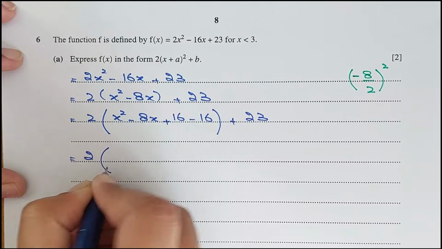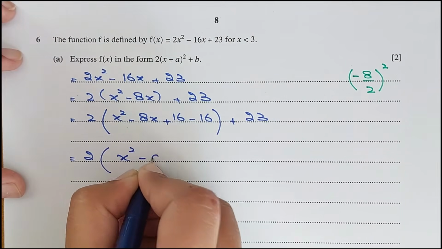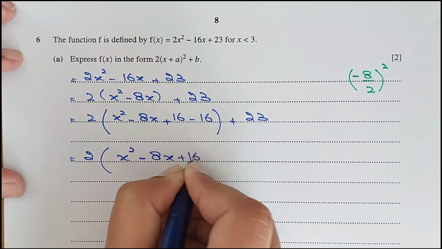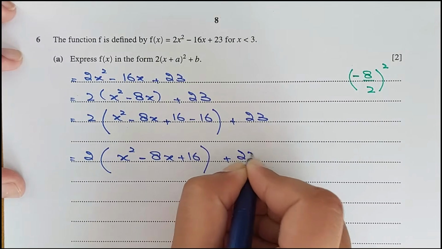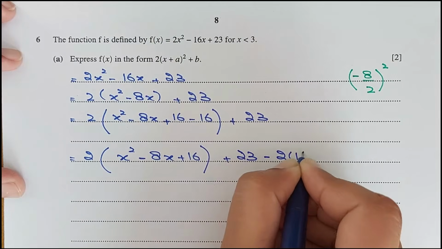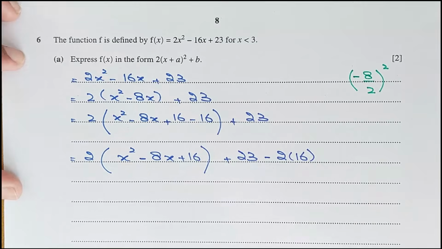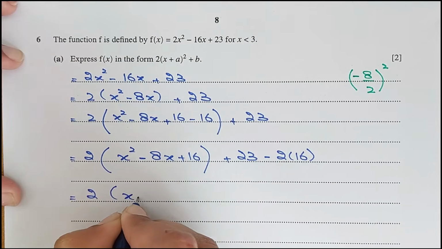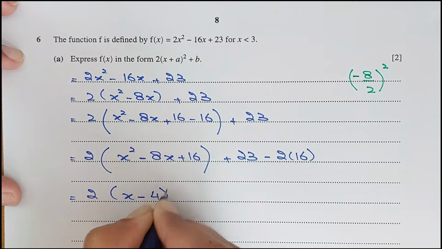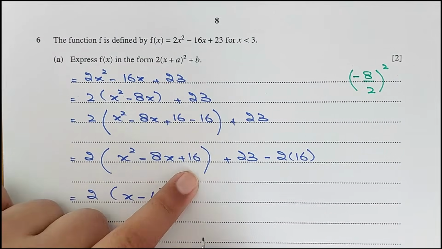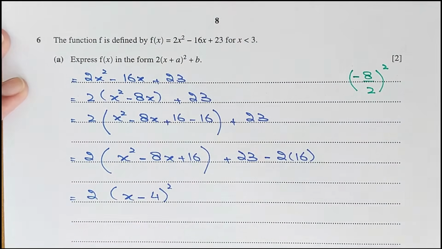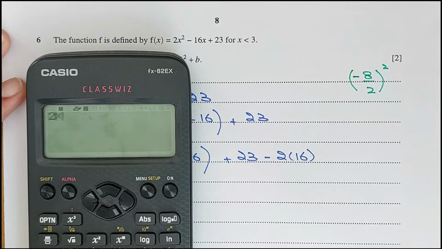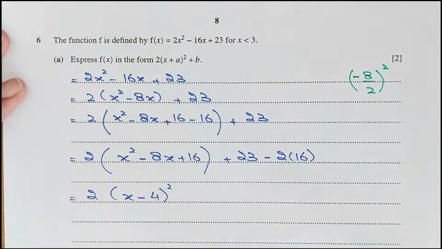Now combine the squares, x squared minus 8x plus 16, plus 23 and minus 2 times 16, shifting this negative 16 outside. Now we have 2 times (x minus 4) squared. Completing the square, 23 minus 2 times 16 gives negative 9.